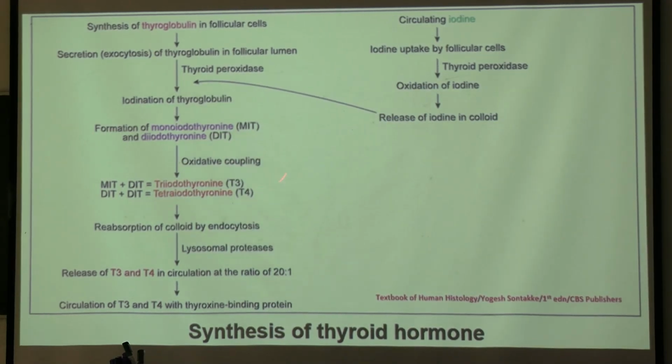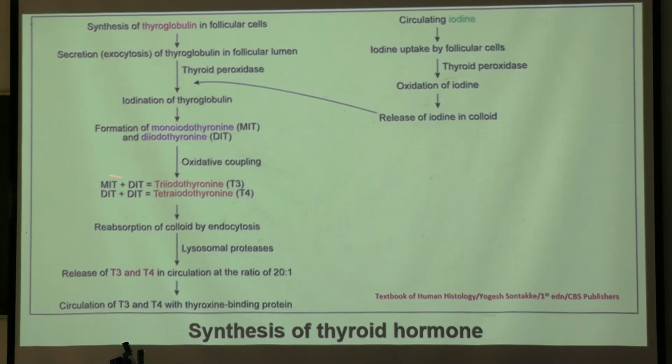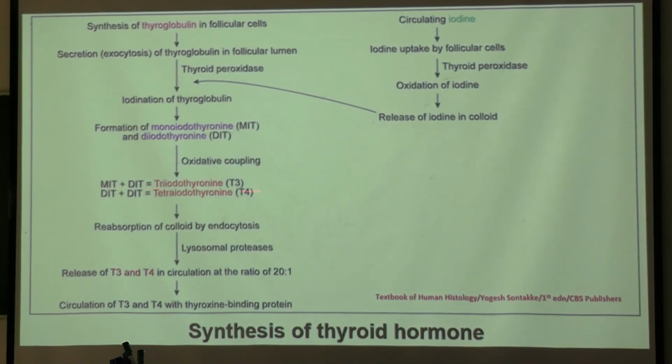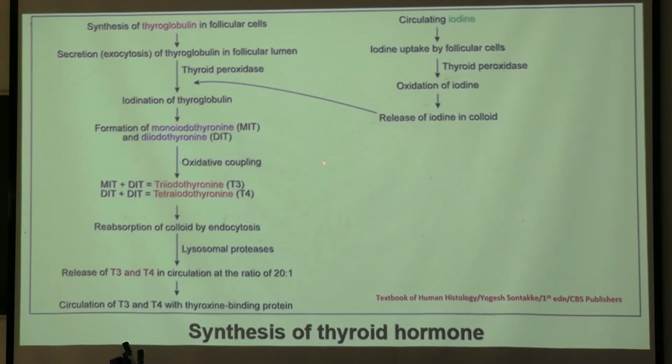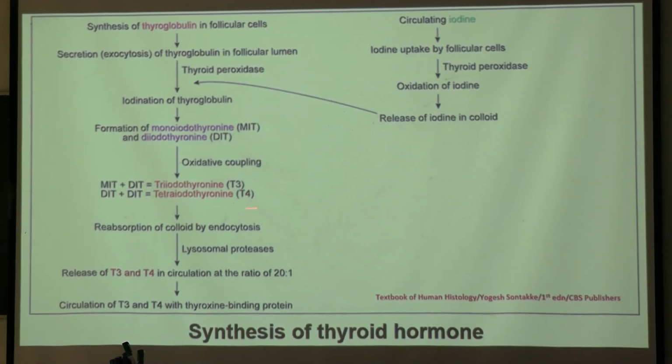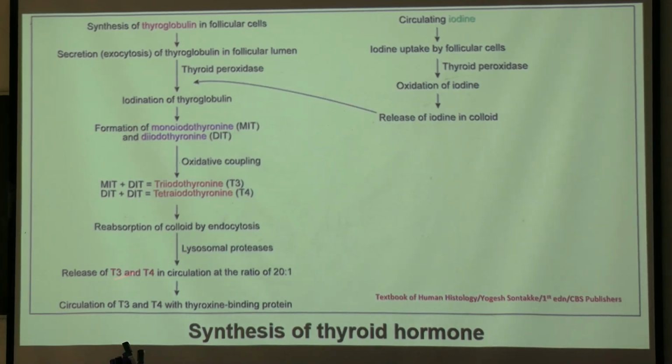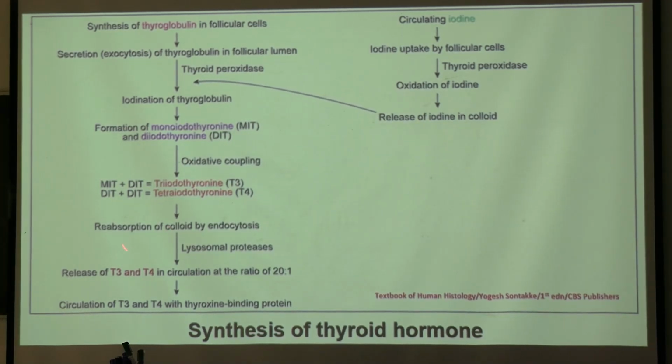Then oxidative coupling occurs. MIT and DIT join to form triiodothyronine T3, and two DIT join to form tetraiodothyronine T4. And then reabsorption of colloid by endocytosis occurs.